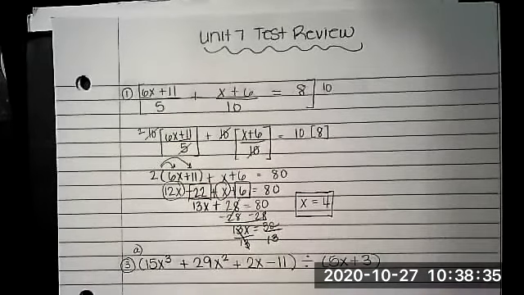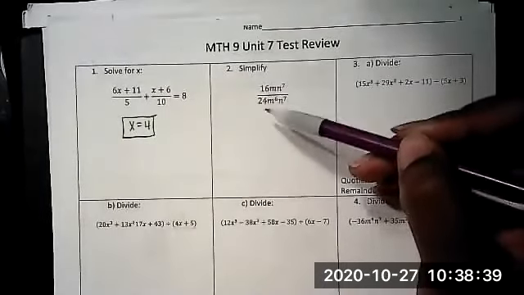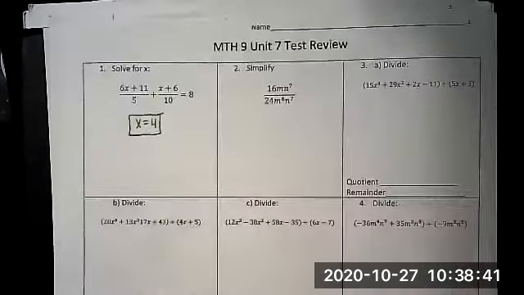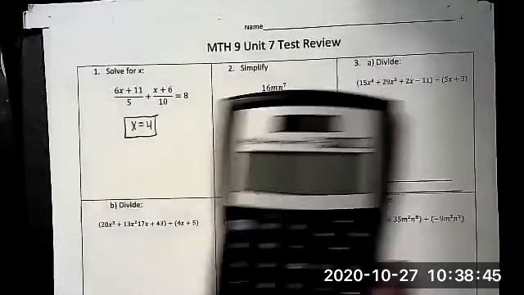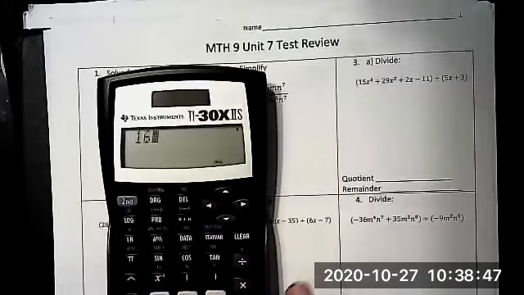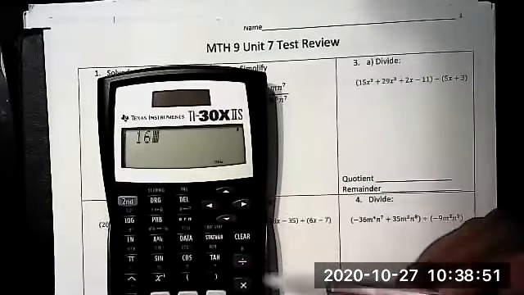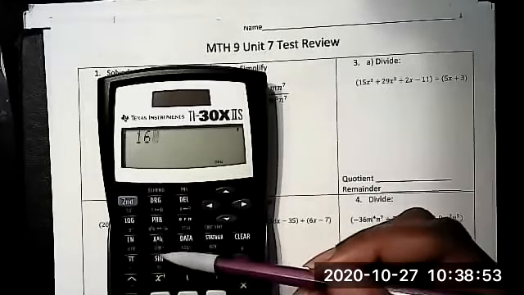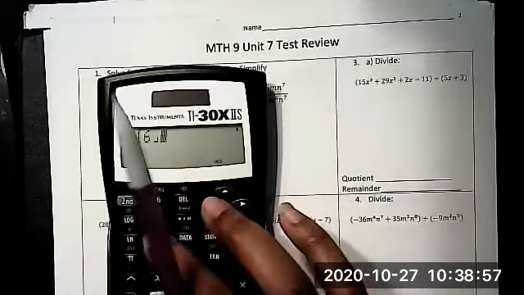All right. So for number 2, I'm going to take 16 divided by 24 and put that in my calculator. Instead of pushing the divide button, I usually push the button right above the sign.